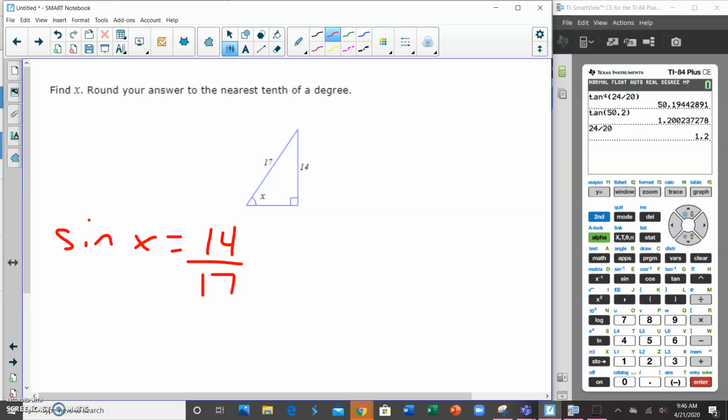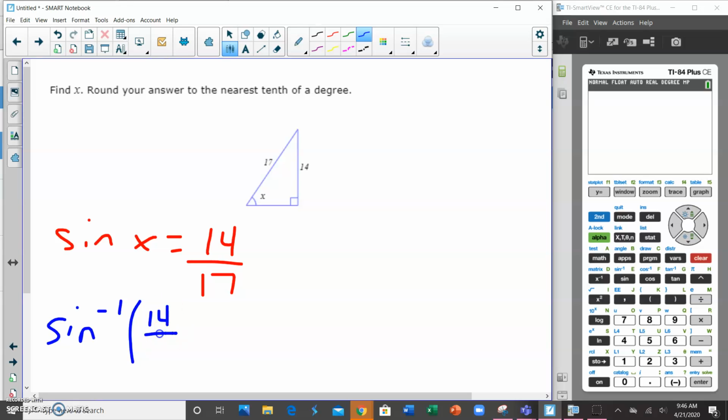Okay, so how do we figure out what the angle is? We have to switch the angle and the degrees. So I can switch that, and I can say that the sine inverse of 14 over 17 is equal to x. And then I simply go over to my calculator, and I'm already in degrees, so we're good there.